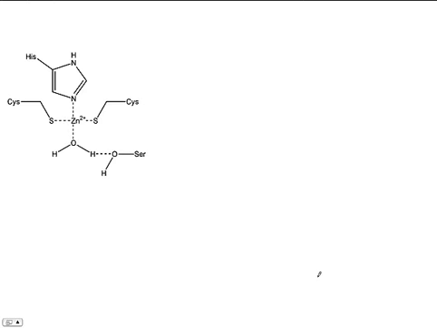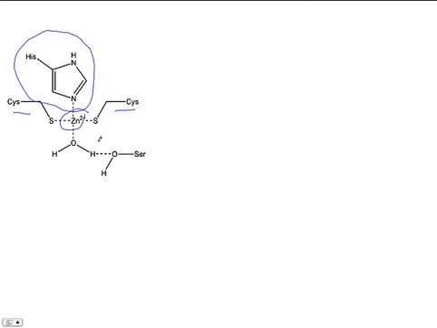So if we start off looking at the general elements of the active site, we basically have a histidine residue here that coordinates to the zinc cation. There are two cysteine residues as well that coordinate and hold this zinc in place.